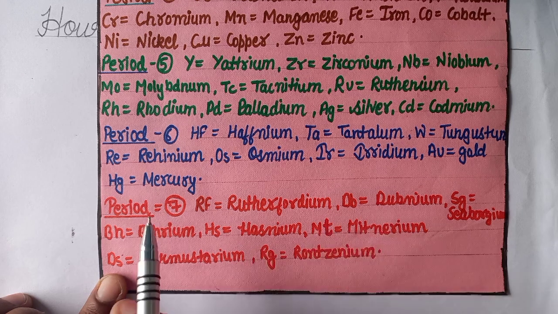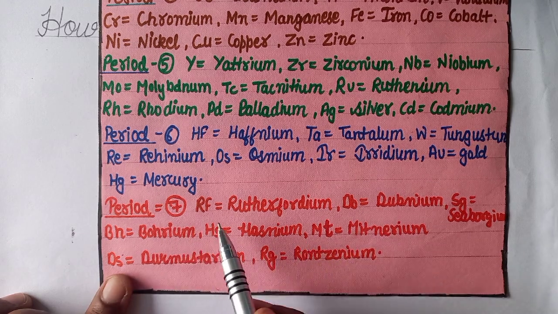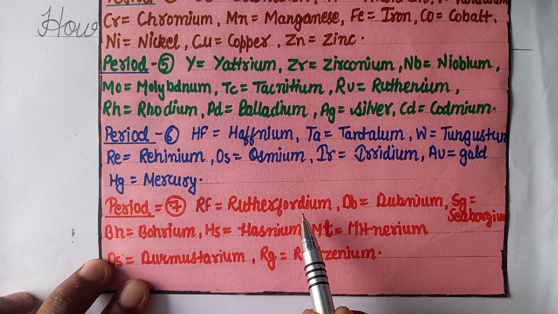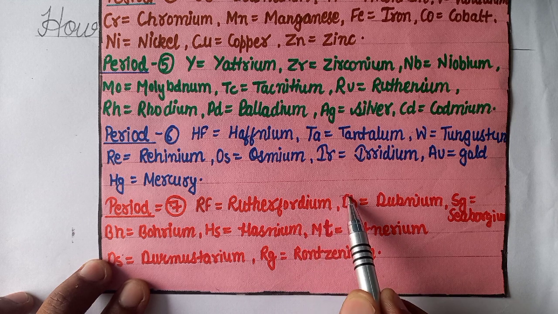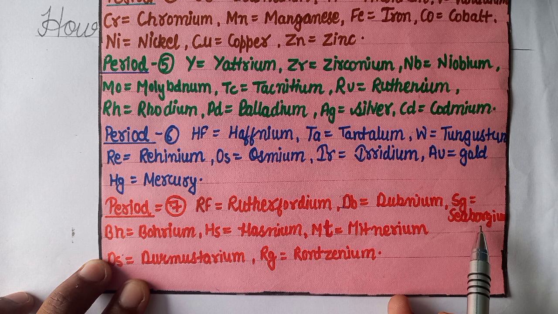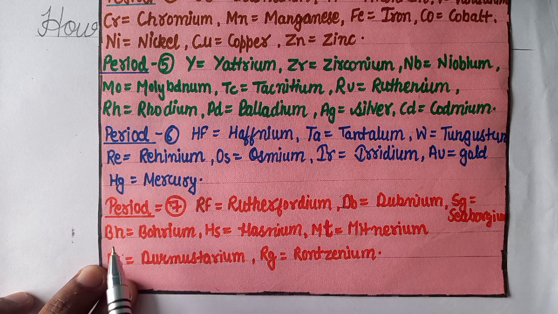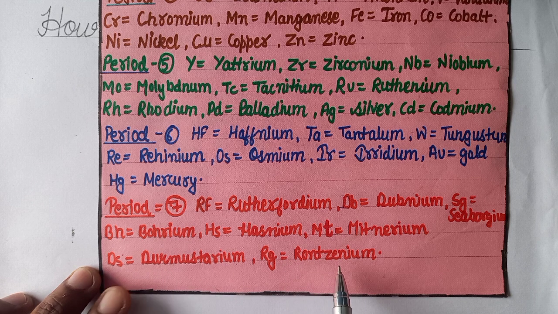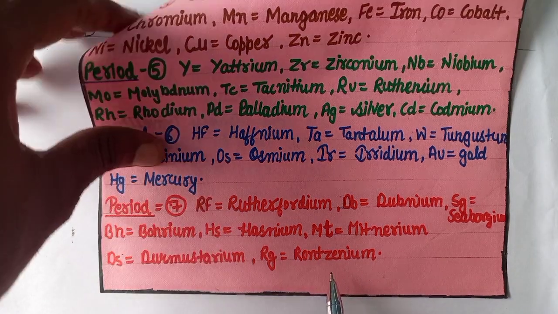Similarly, elements of period 7 are Rf for rutherfordium, Db for dubnium, Sg for seaborgium, Bh for bohrium, Hs for hassium, Mt for meitnerium, Ds for darmstadtium, Rg for roentgenium.